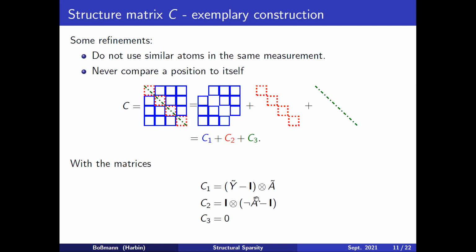So for the same measurement, we want to penalize if there are two atoms chosen that are similar to each other. By choosing it this way, we can remove this blurring effect that sometimes happens if you can't reconstruct the exact peak, but you will reconstruct something that looks like a Gaussian blur around this peak. And we can penalize this by setting C2 like this, and then penalizing similar atoms for the same measurement.